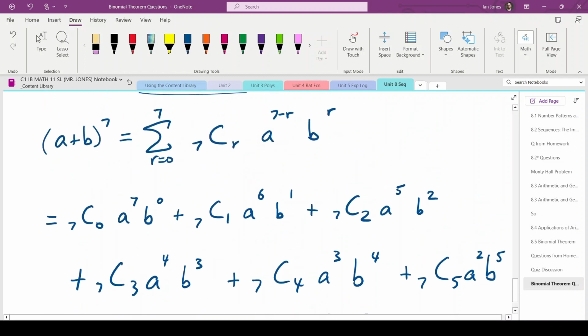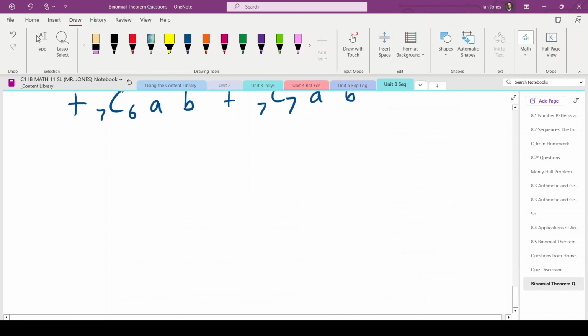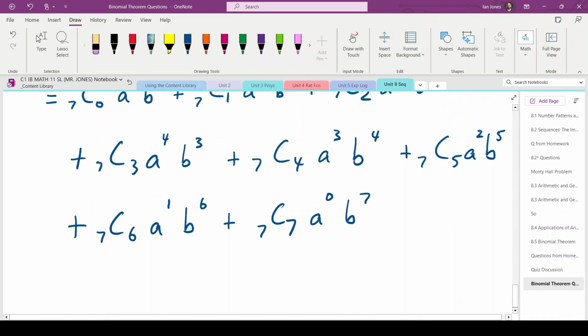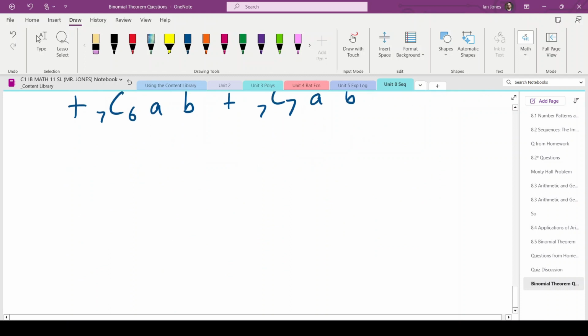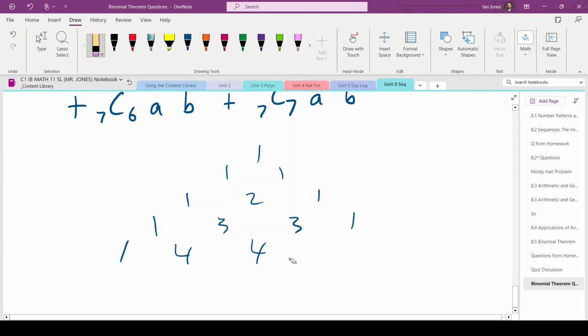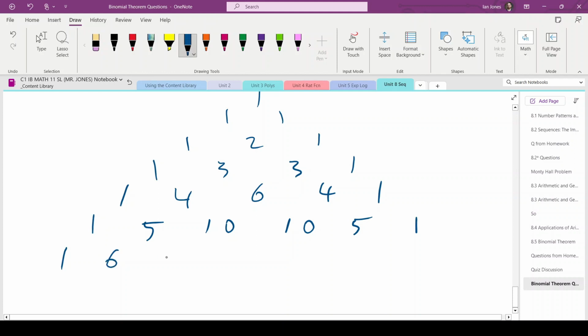Now, to get the coefficients here, instead of using factorials and instead of using my calculator, I would just use a Pascal's triangle. It's so much faster, right? Here I go. 1, 1, 1, 1, 2, 1, 1, 3, 3, 1, 1, 4, 6, 4, 1, 1, 5, 10, 10, 5, 1, 1, 6, 15, 20, 15, 6, 1.